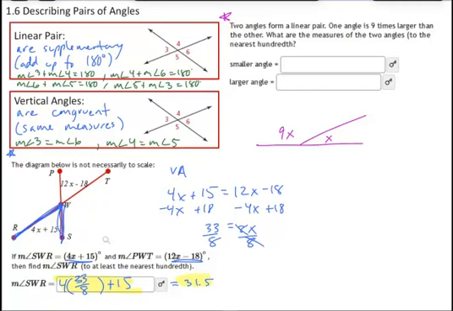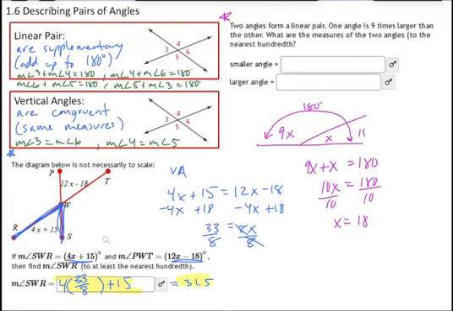Now you have your linear pair. You can solve this as a part-to-part. You know that the total of a linear pair is 180 degrees, and so now it's just the sum of the parts is equal to the whole. 9x plus x equals 180. 10x is equal to 180. Divide by 10, and you get x is equal to 18.